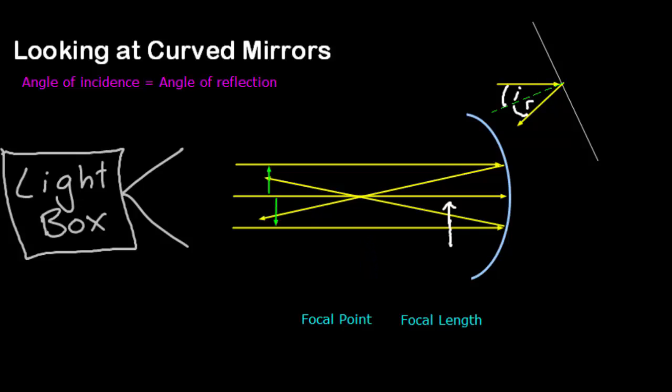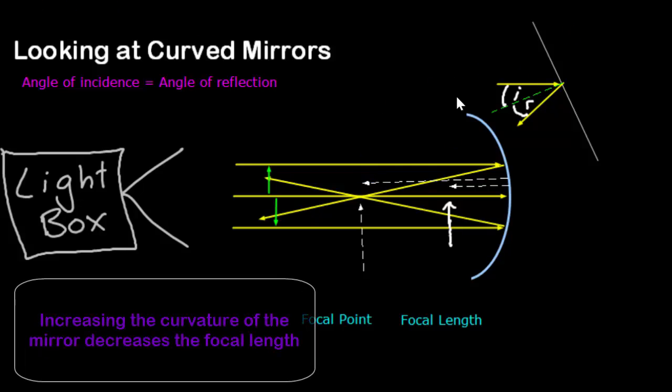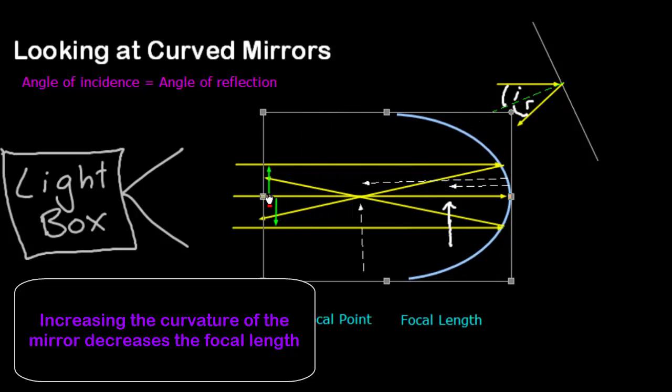Our focal point is now here, and our focal length going from this distance has now almost doubled in size, or more than doubled in size. So by reducing the angle of curvature, we're actually increasing the focal length. And the same applies if we were to increase our curvature. Our focal length would become shorter.